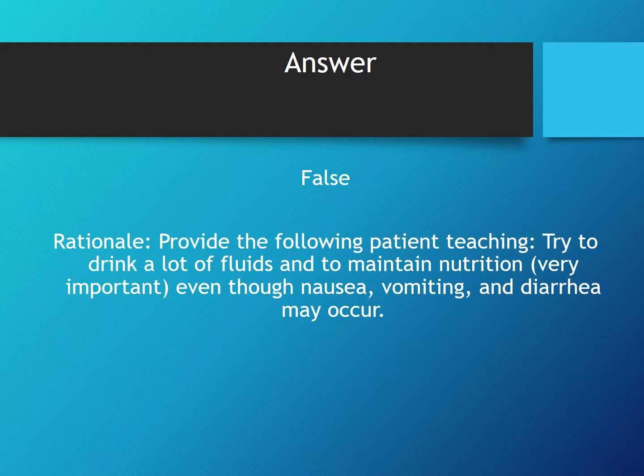The rationale would be to provide the following patient teaching, which would be to drink a lot of fluids and to maintain nutrition, which would be very important, even though nausea, vomiting, and diarrhea may occur. And then the fluids are going to be important because of the effect that aminoglycosides could have on the kidney. And so it'll be very important to provide plenty of fluids to go through that kidney to hopefully help it to function better.